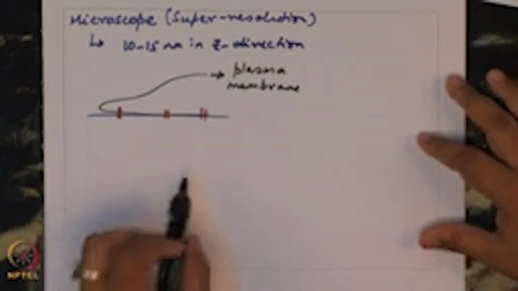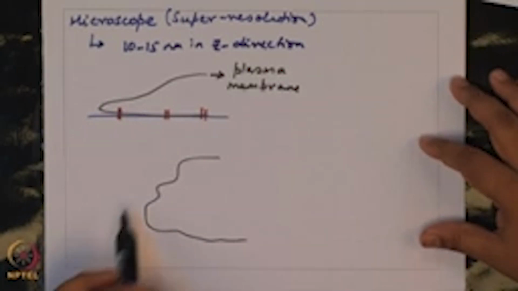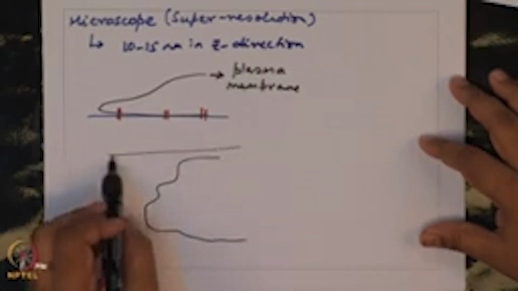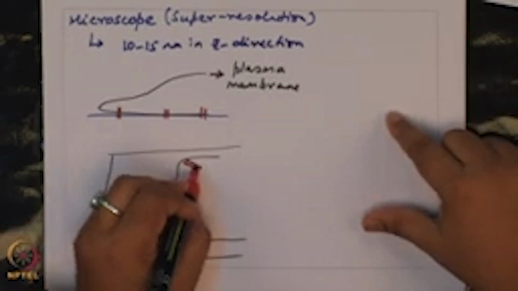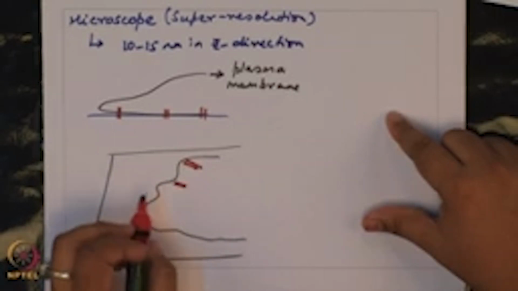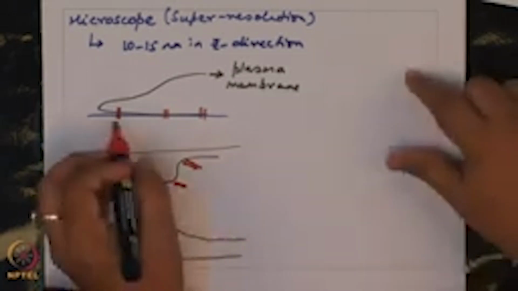In side view, the same picture might look something like this. You have a 2D plane and these focal adhesions would look like this.